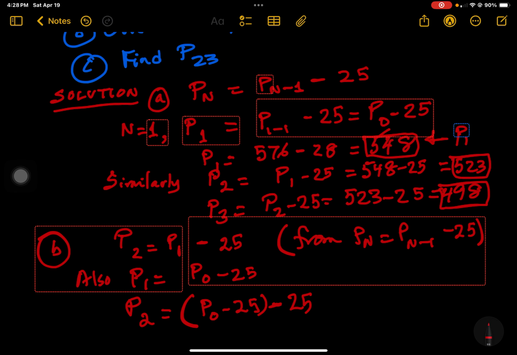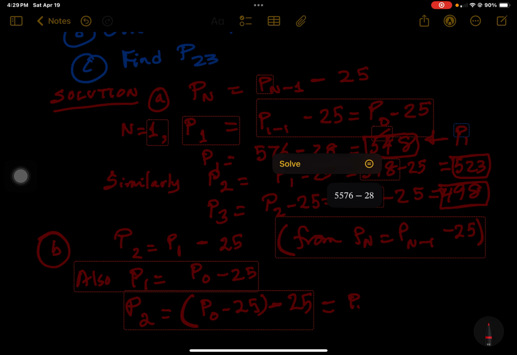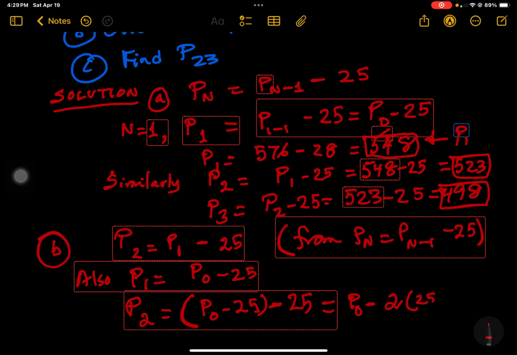So that means P2 itself, for P1, if I plug in P0 minus 25 and then minus 25, that means P2 is equal to P0 minus 2 times 25.